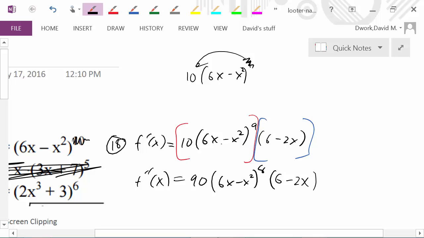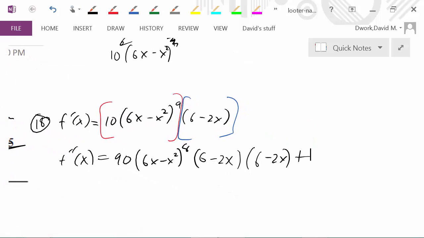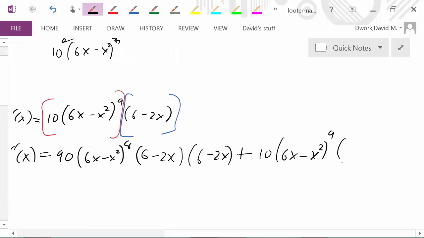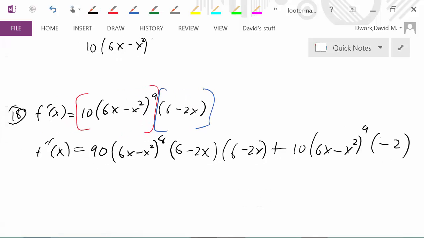That's the red. Now leave the blue alone, plus, now leave the red part alone, so that's 10 times 6x minus x squared to the ninth. Now I have to do the derivative of the blue, which would just be a negative 2, and that would be that answer.